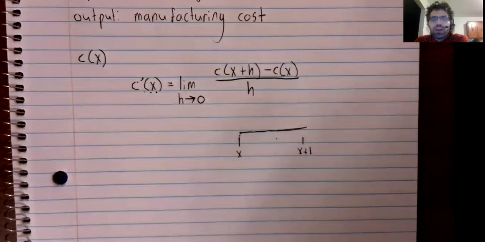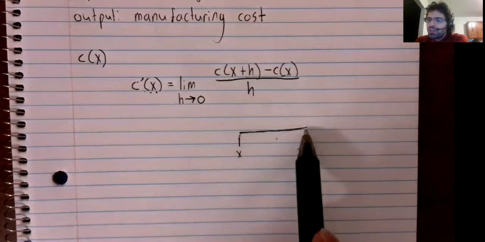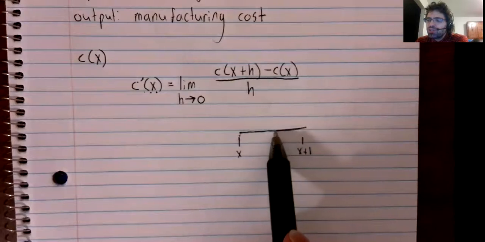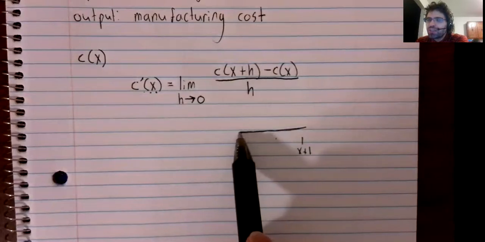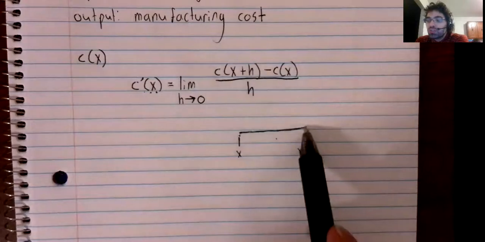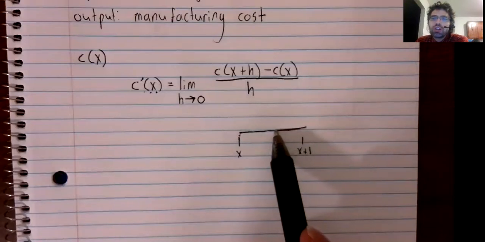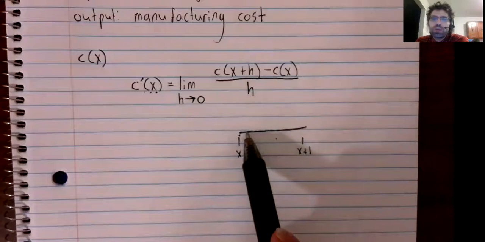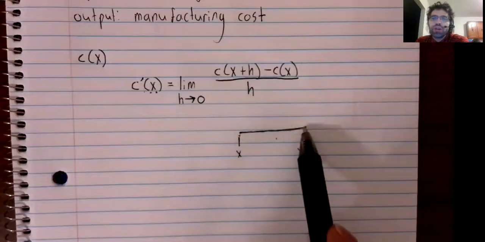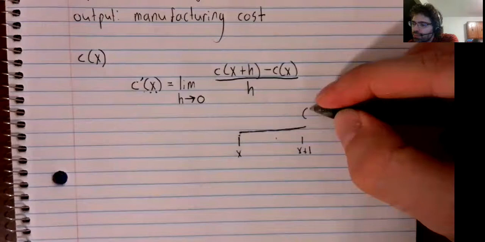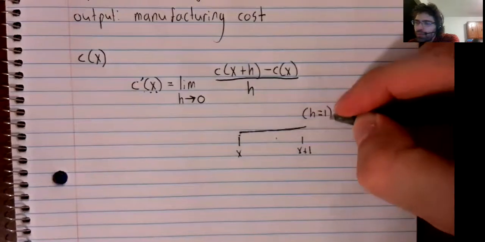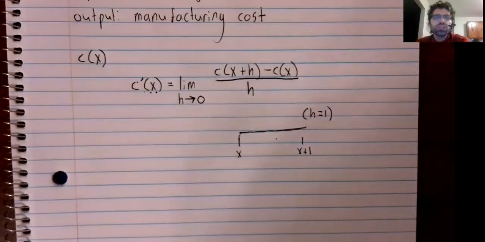That gives us the following idea, that the limit as h approaches 0 of this difference quotient is pretty close to the value when h equals 1. I mean, if we let h go to 0, we go along this line, but we're barely changing from here when h equals 1.